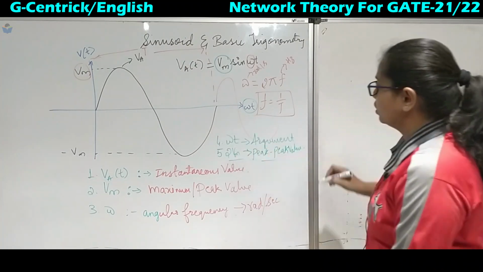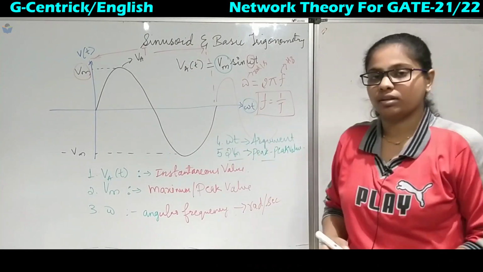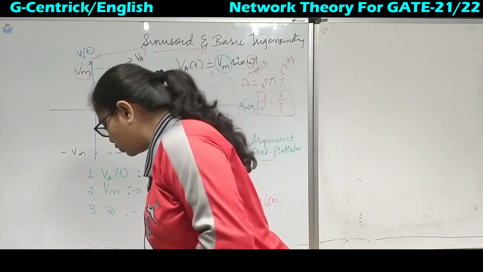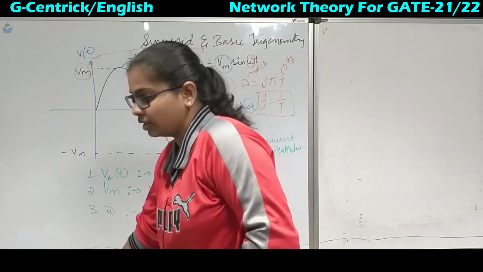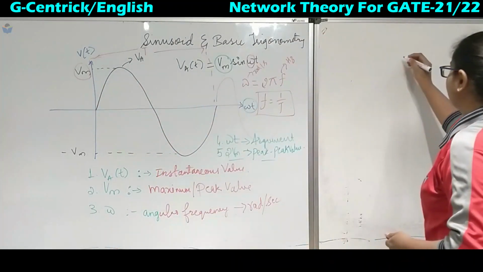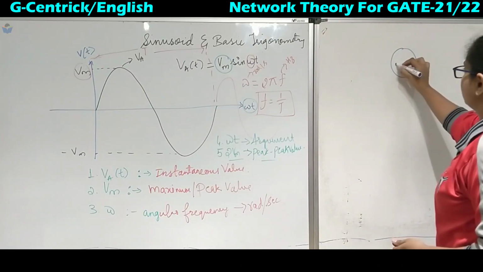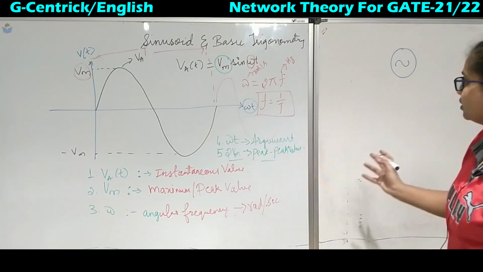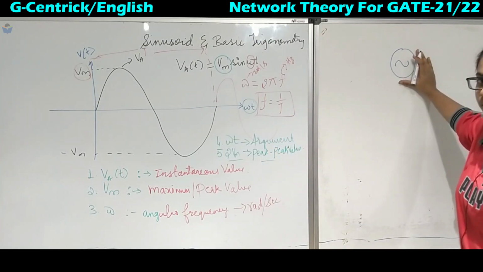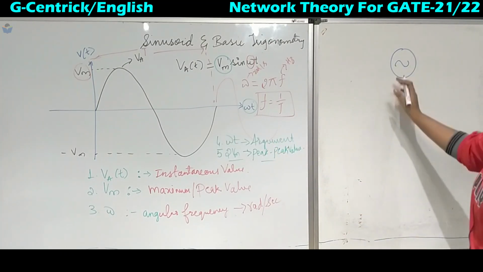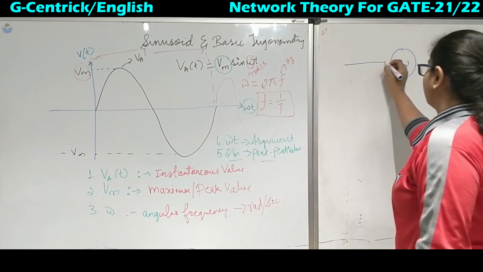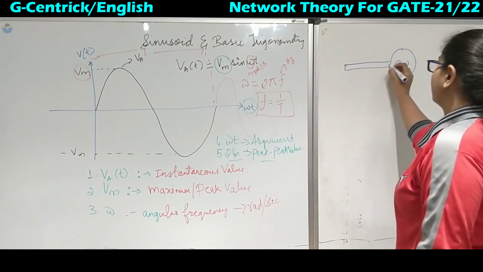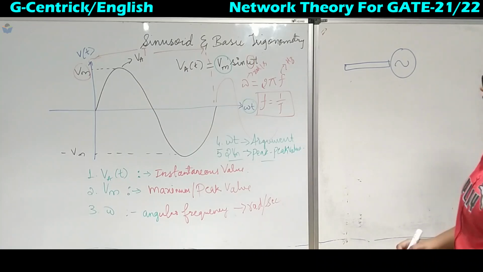Now what is the link between current, electrical energy and mechanical energy? If you take a generator, we get electricity from generating plants, an alternator or synchronous generator. For this there will be a turbine, and the turbine has a shaft.